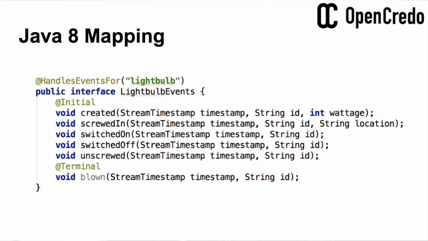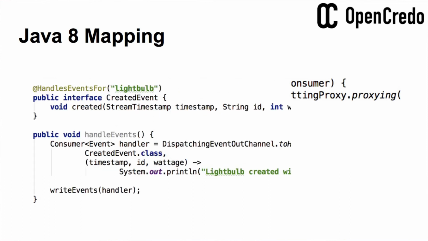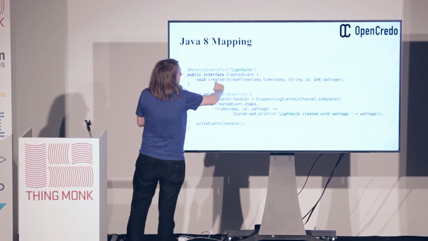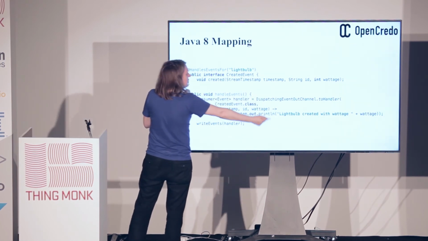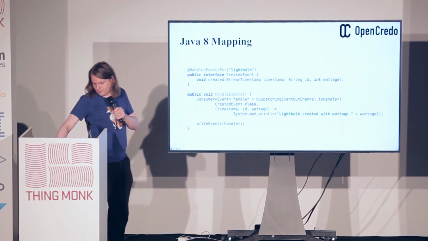So within the Java 8 mapping, we get a proxy, which proxies our interface, and we just call lightBulbEvents.created with timestamp and the ID and our parameters to push a created event into the system. To handle events, we have an interface, say just one with just the created event method, and we have a bit of magic that dispatches events to an implementation of that interface.